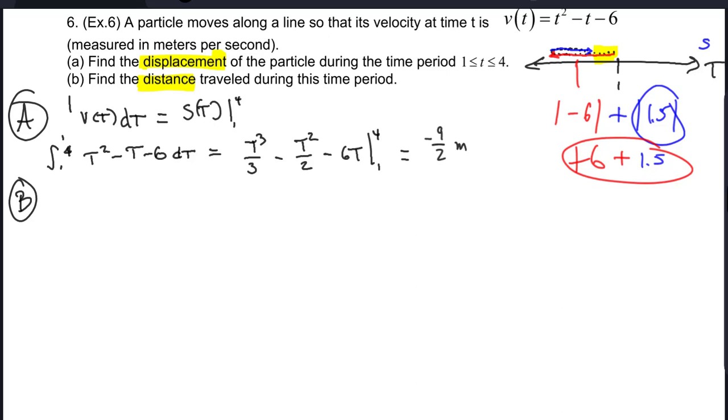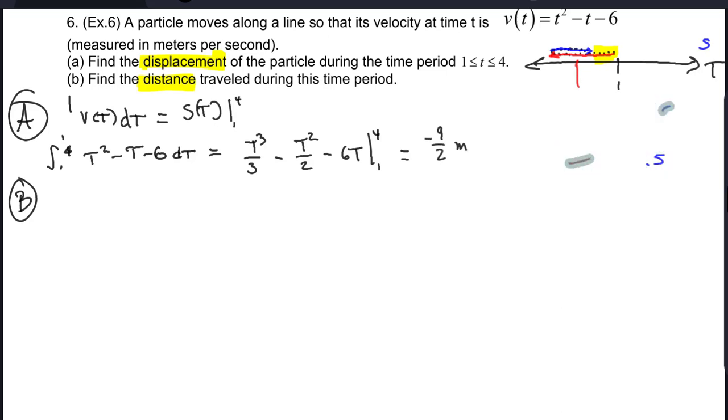So how are we going to handle this? We're going to have to take the absolute value of the velocity. So now we're going to integrate from 1 to 4 of t squared.